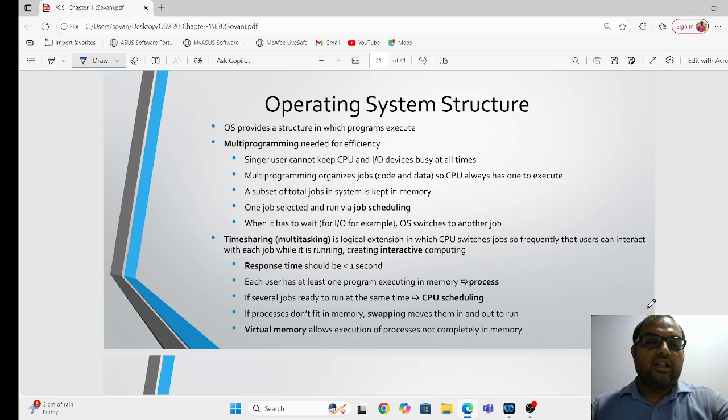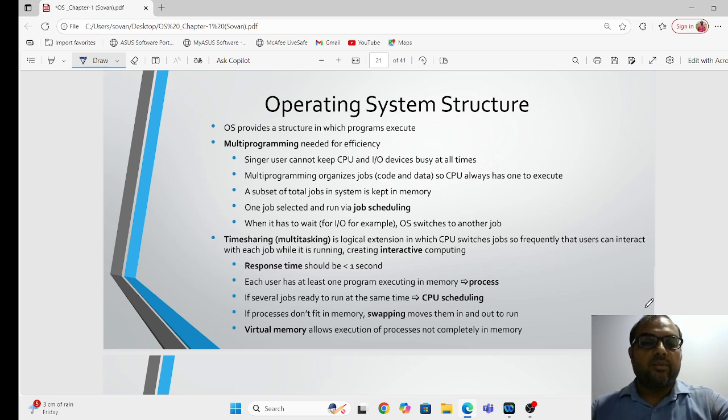And time sharing is for multitasking. It is used for logical execution in which the CPU switches jobs frequently from one user to another. The job can be moved from the running state to the ready queue state, and from the ready queue state back to the running state.